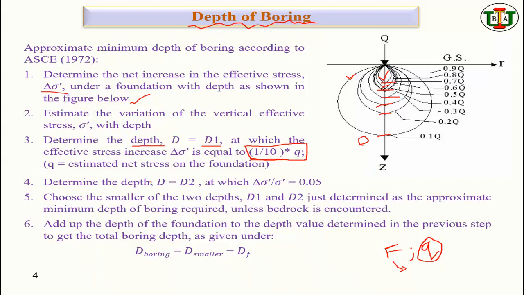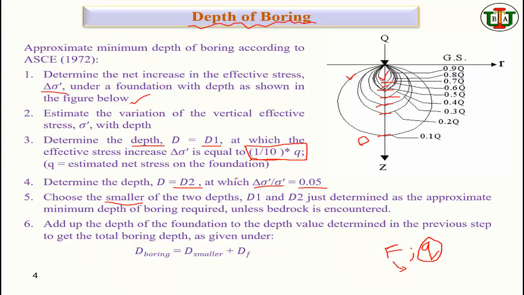Another, determine the depth D2 at which the stress ratio, that is the effective stress and the estimated vertical stress ratio, is 0.05. Where you find this 0.05, you consider that depth as D2. Once you have these two depths, you decide which one is smaller. You consider the smaller depth as your depth of boring, because inside the site you don't know how much depth you need to go.